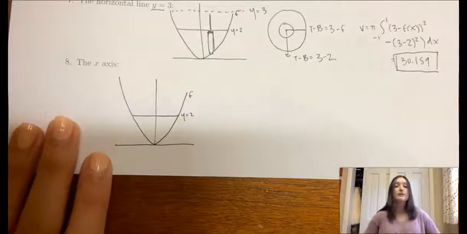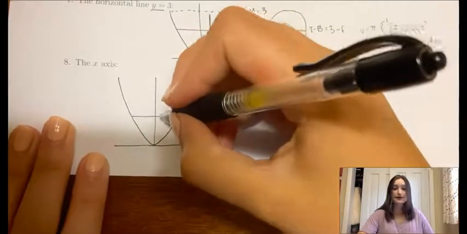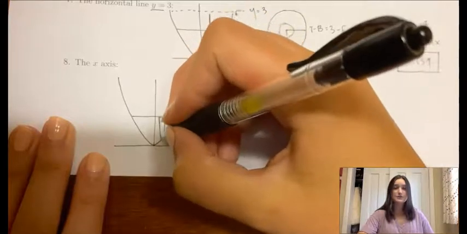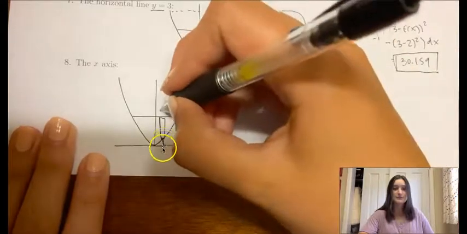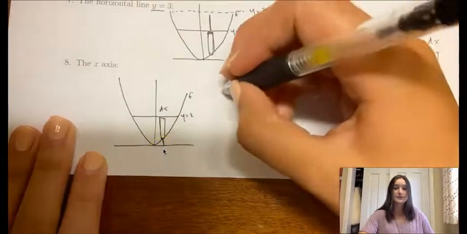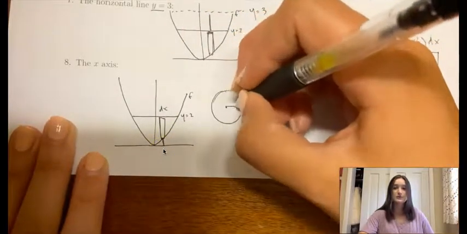This one we're rotating around the x-axis, which you can see you're going to be using a dx box because your x-axis is horizontal, but you're going to have to add a connector right there because you've got some empty space between r and the axis. So we're going to be drawing our two circles.